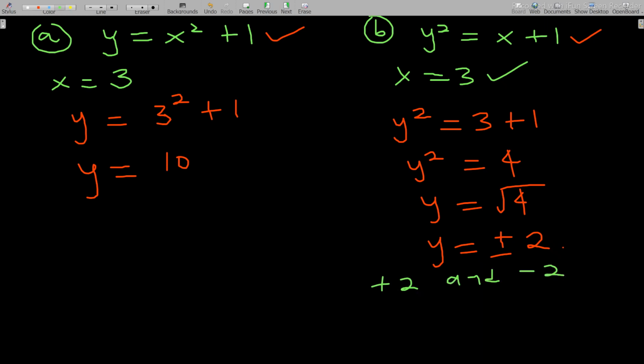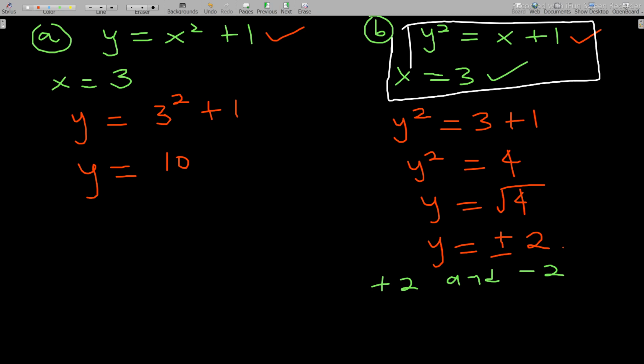So this second equation implies that it is not a function, because when we plugged in the values of x in the domain, we have multiple values of y. This is very simple for you to understand.